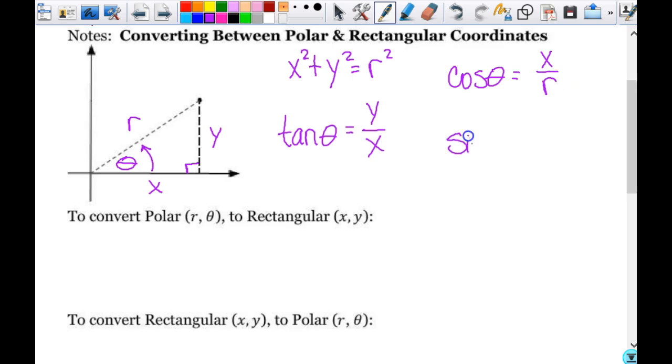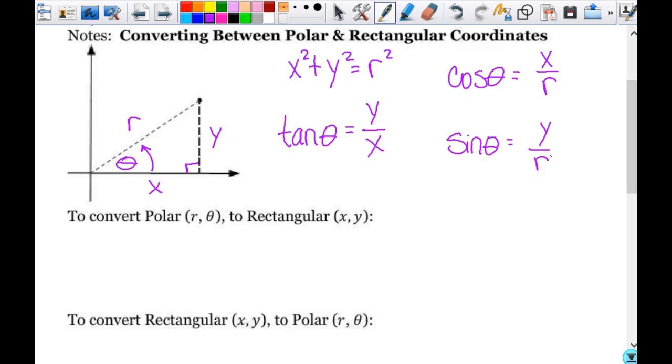And sine theta would be equal to y over r. We first looked at it that way when we started doing the unit circle, because if the radius isn't 1, then this is the relationship you get for cosine, sine, and tangent. And we use it again in vectors and again now, because the relationship's still the same regardless of how we apply it.